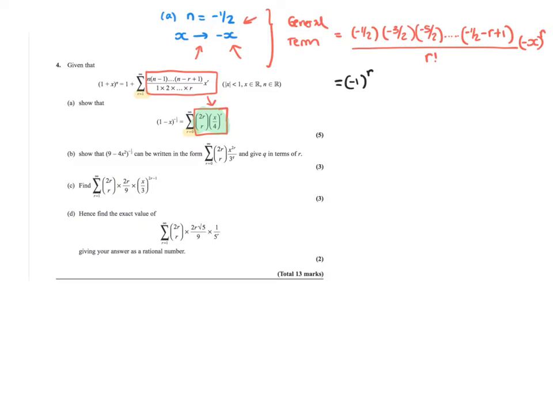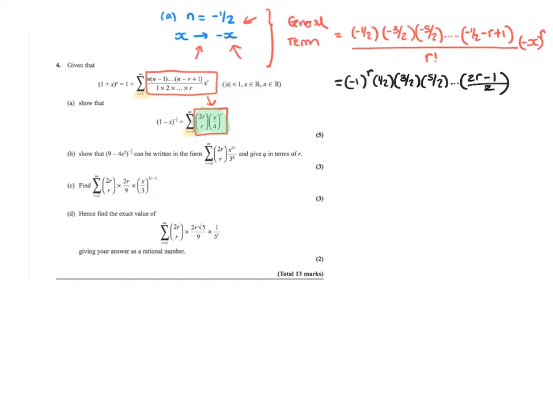Now that means that all of these terms then become positive. So we have a half, 3 over 2, 5 over 2, dot, dot, dot, all the way up to, and this one here, we're going to give it all a common denominator of 2. It will simplify to 2r minus 1 over 2. Remember, the negative was taken out to be part of negative 1 to the power of r.